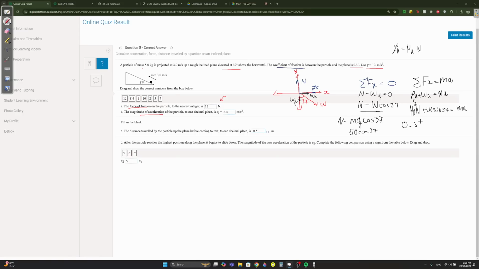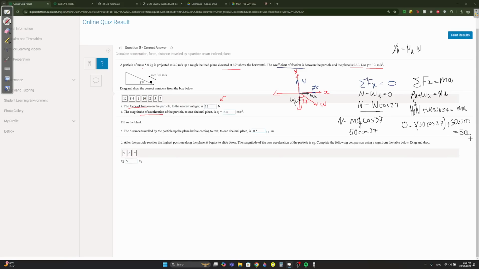N is what? 50 cosine 37. Plus W sine 37, which is mg sine 37, right? Because W, like we did here, is mg, so 50 sine 37 is equal to ma. What's the mass? 5a. Because you need this for part B.